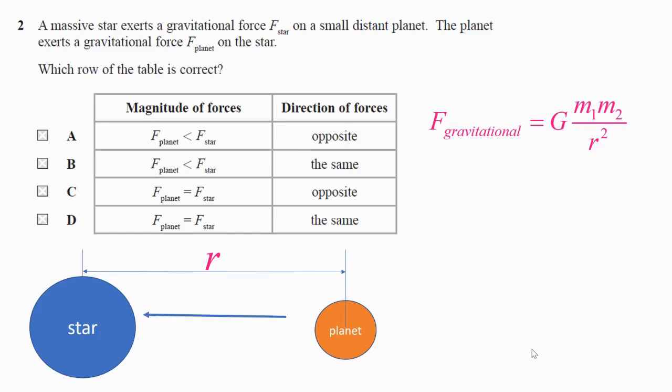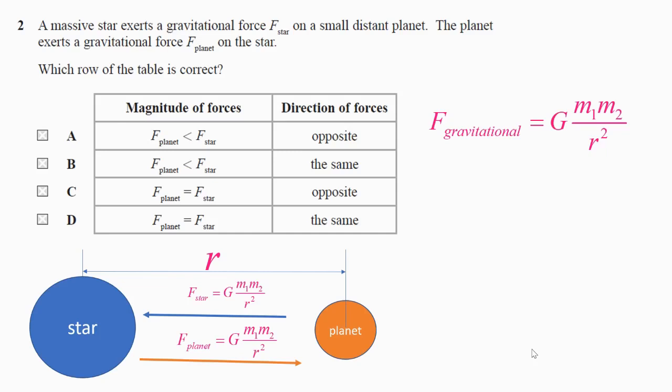Then the gravitational force exerted by the star on the planet, F star, is G m1 m2 divided by r square. Similarly, the gravitational force exerted by the planet on the star, F planet, is equal to G m1 m2 divided by r square.